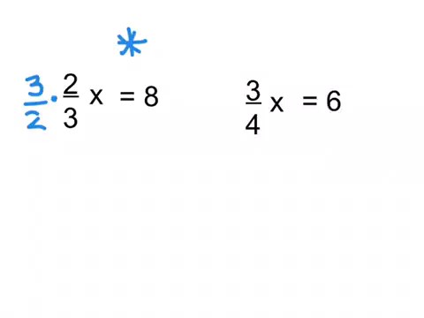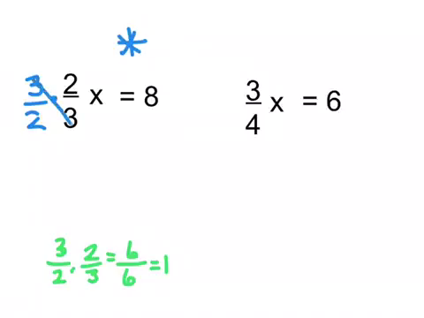Now, let's look at why I'm going to multiply 3 halves times 2/3. 3 halves times 2/3. 3 times 2 equals 6, and 2 times 3 equals 6, which is simply 1.